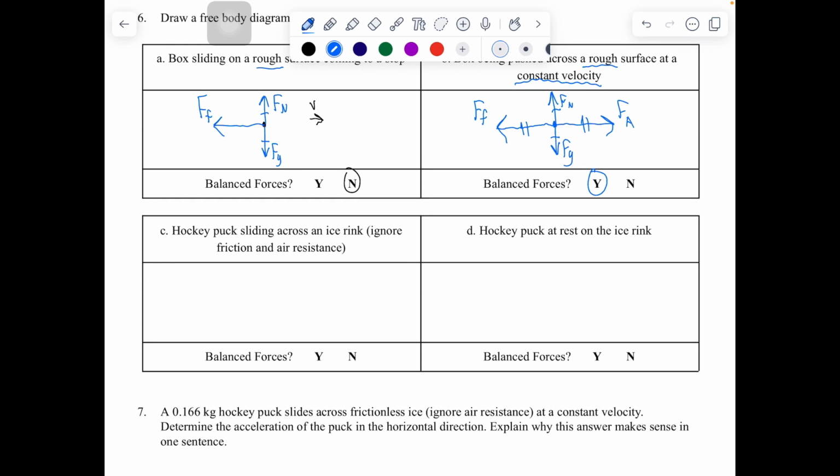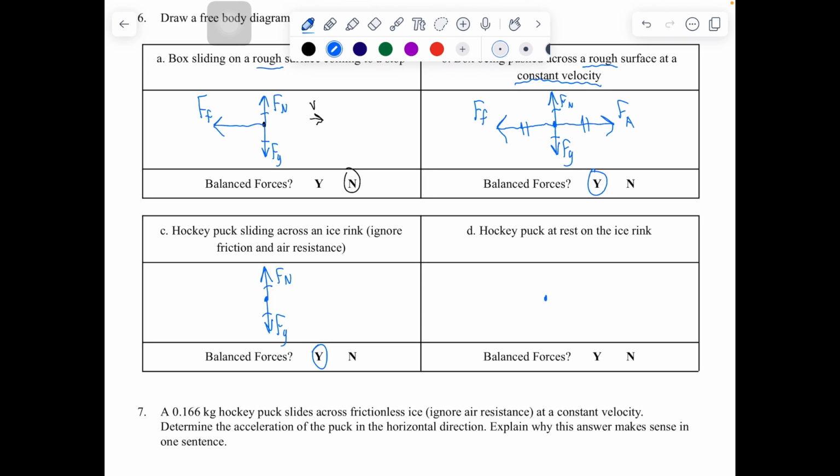Hockey puck sliding across an ice rink. Ignore friction and air resistance. Well, no one's actively pushing it. There's no applied force. It's still on Earth, so there's gravity. It's on a surface, so there's a normal force. These are balanced. It's not accelerating up, not accelerating down. Balanced forces. Hockey puck at rest on an ice rink.